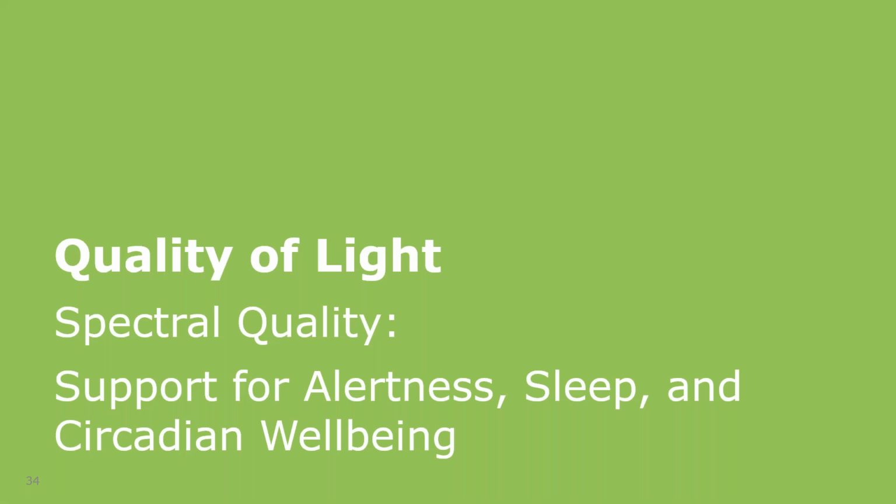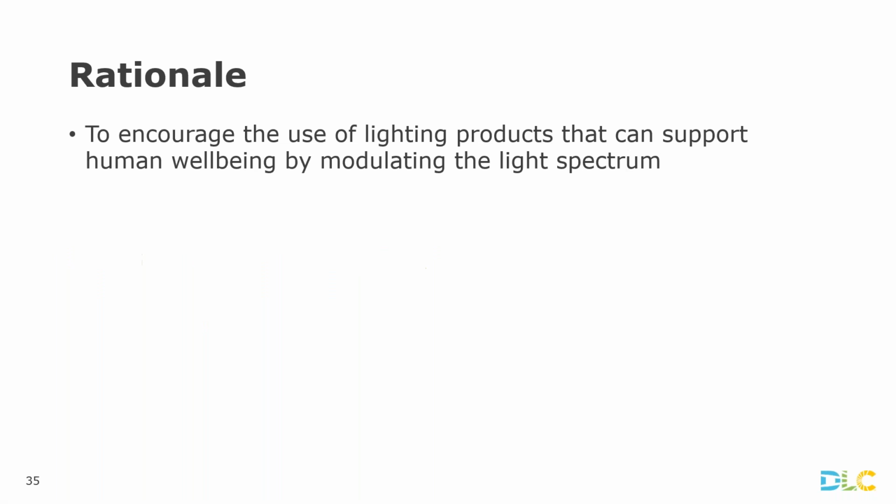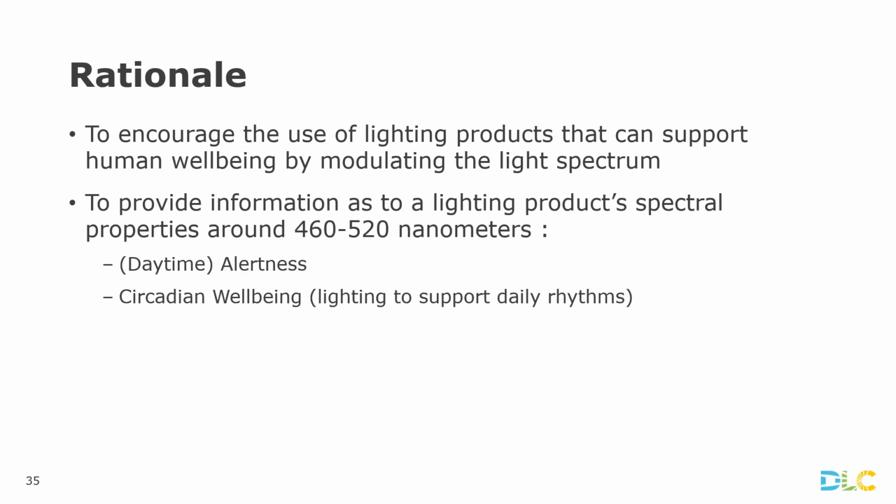The next topic is also related to spectral quality. It is lighting to support alertness, sleep, and circadian well-being. The effect of light on human biology beyond vision is currently a very popular topic in the lighting industry and beyond. And the DLC is starting to address it to encourage the use of lighting products that can support human well-being by modulating the light spectrum.